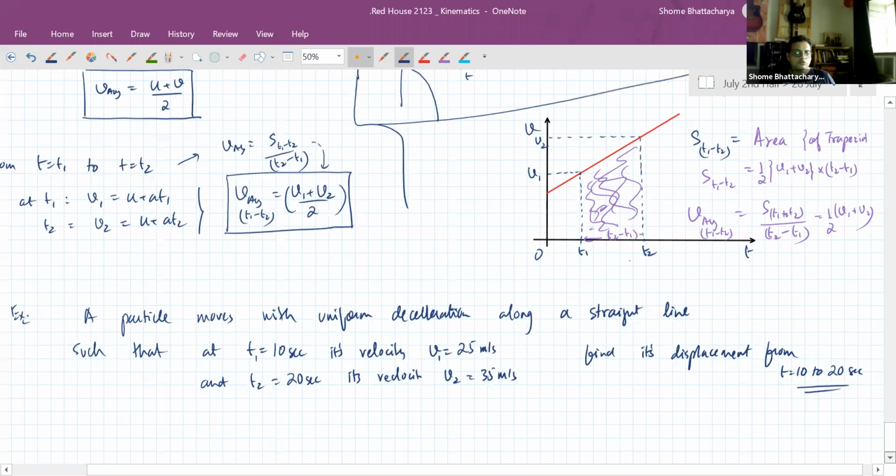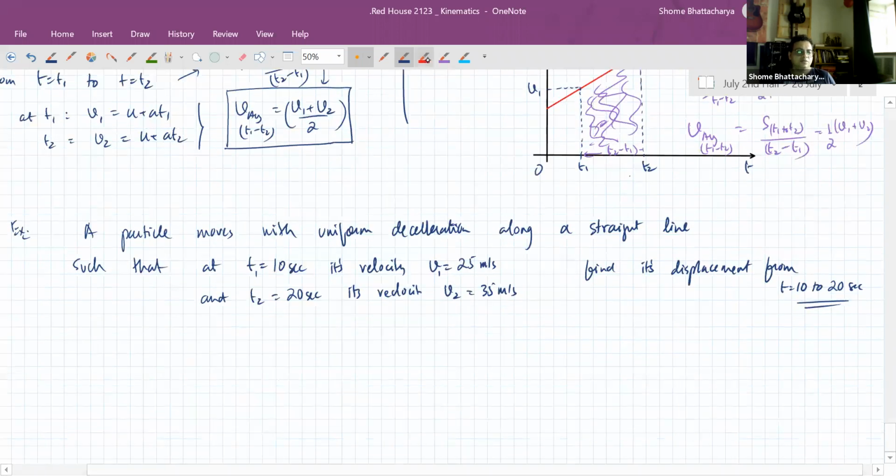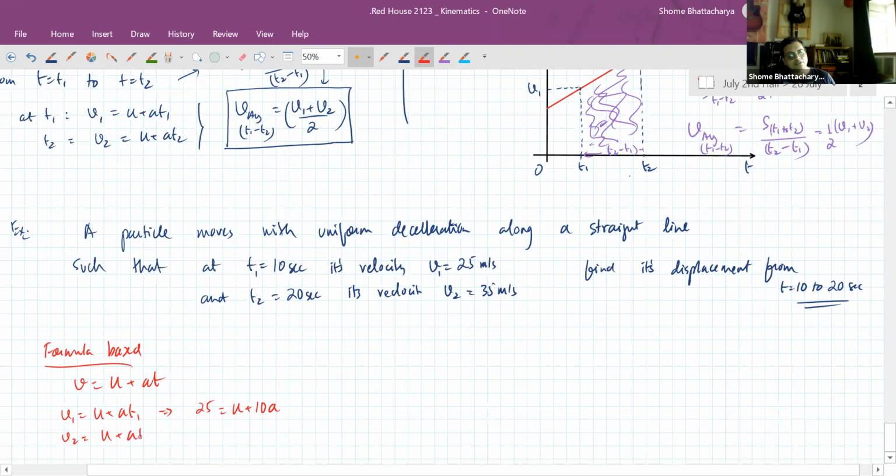Now normally how we do this question, if we went by the absolute formula based approach, we would have said that, okay, v is equal to u plus at. So v1 is equal to u plus at1. So when we substitute this, we would have got 25 is equal to u plus 10a. Okay, and v2 is equal to u plus at2. So that would have given me that 35 is equal to u plus 20a.